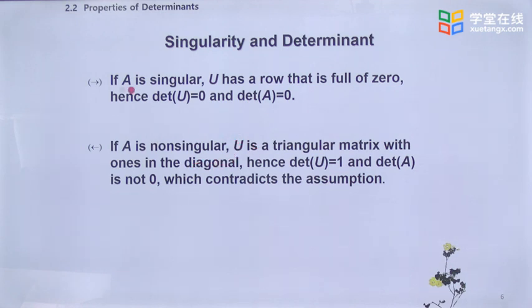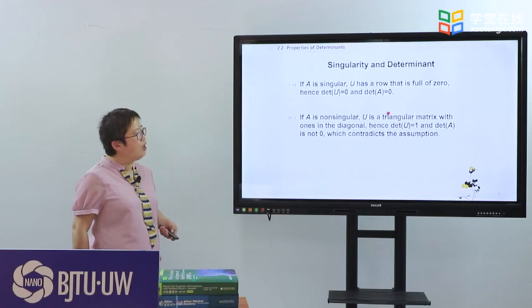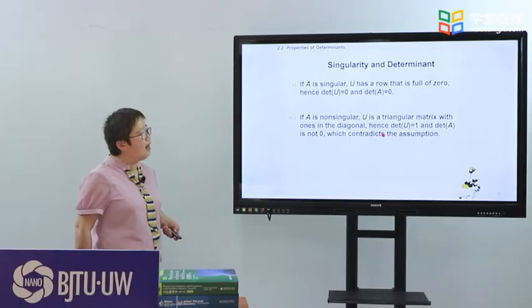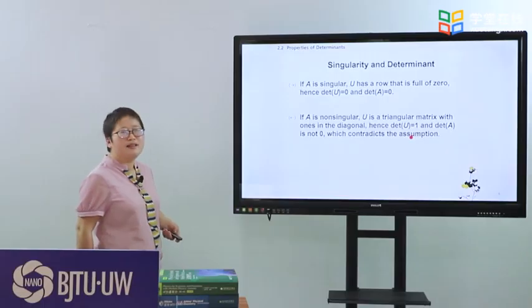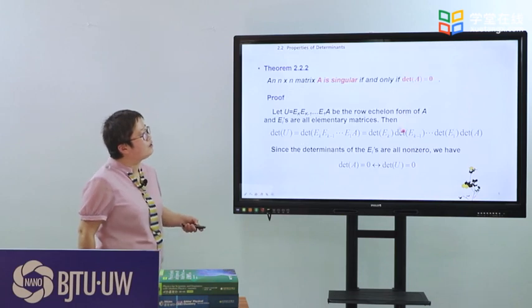This is the row echelon form of A. So because A is non-singular, U must be a triangular matrix with ones in the diagonal, and hence determinant of U equals 1, because for a triangular matrix, its determinant equals the multiplication of diagonal entries, all ones. So determinant of U equals 1, and determinant of A is not 0, which contradicts the assumption that determinant of A equals 0.